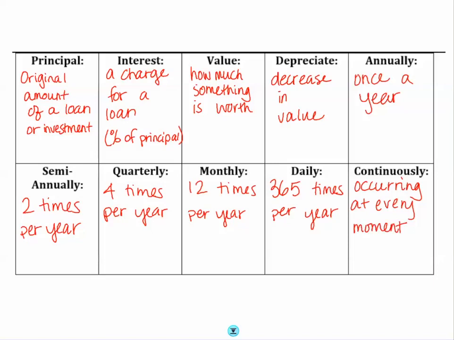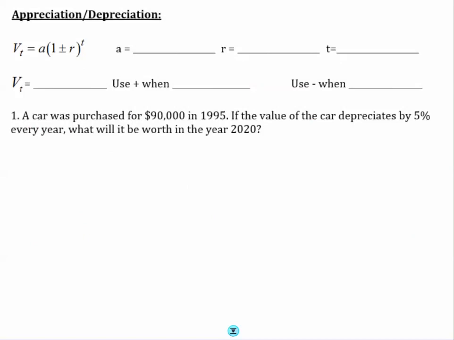Now, we have 3 different formulas that we're going to take a look at, and we'll look at a couple examples for each formula. The first one is the appreciation or depreciation formula.